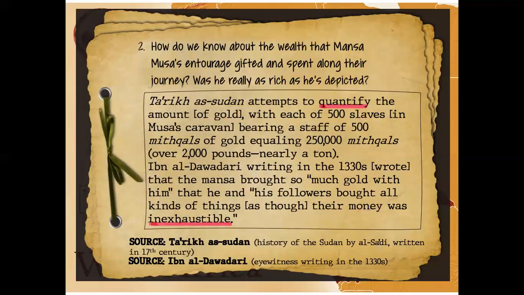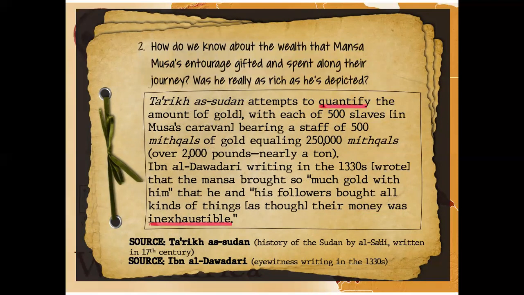And now we can apply that back to the question, how do we know about this wealth? Well, we have some eyewitness accounts. We have the history of the Sudan and the Tariq al-Fatash, all of them saying that Musa had a large number of people in his entourage and that they were all carrying gold, and just the gold that they were carrying or adorned with was about 2,000 pounds of gold.